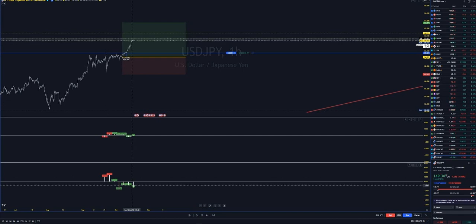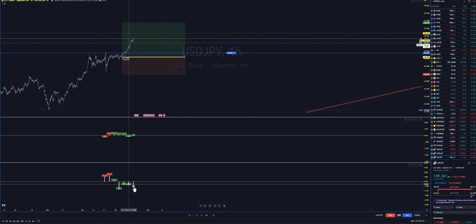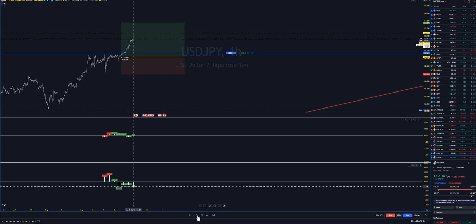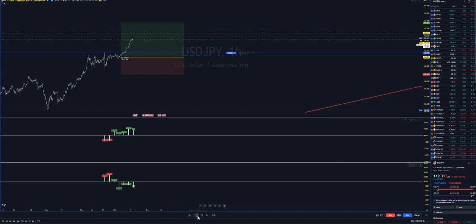Japanese yen is also down. We stay in the trend because we have now inter-trend divergence. It does not mean Japanese yen coming down. It just means that we have divergences because dollar is down at the same time, the dollar index.